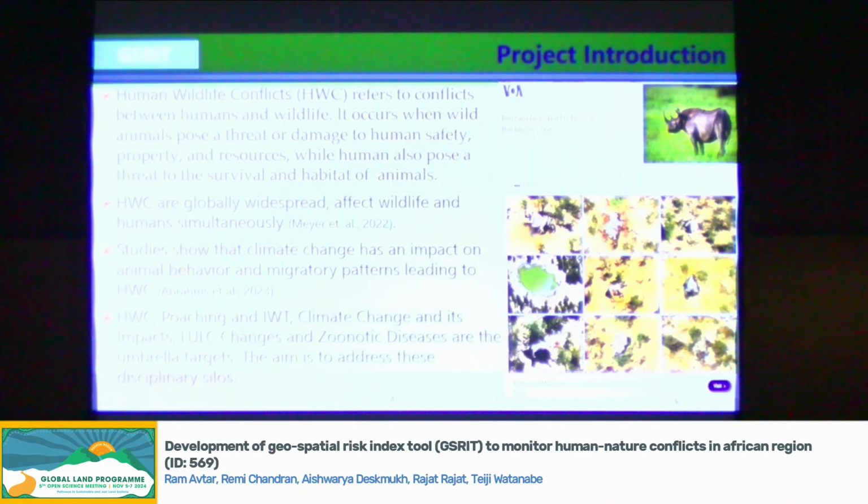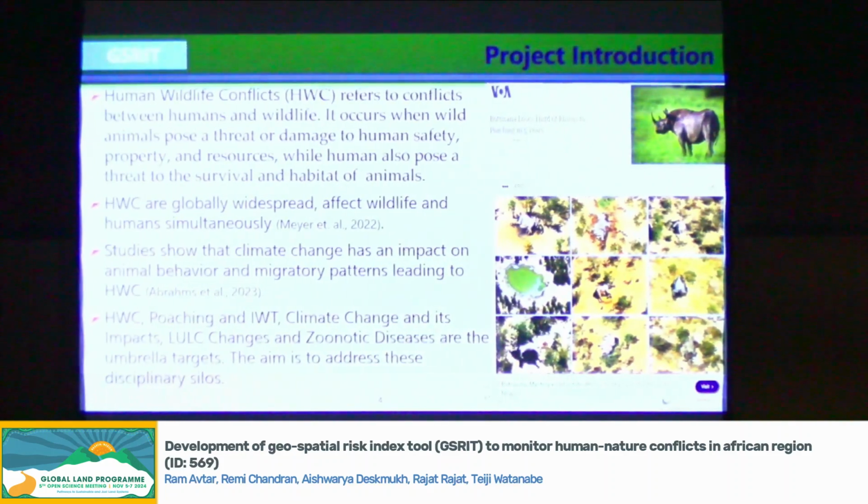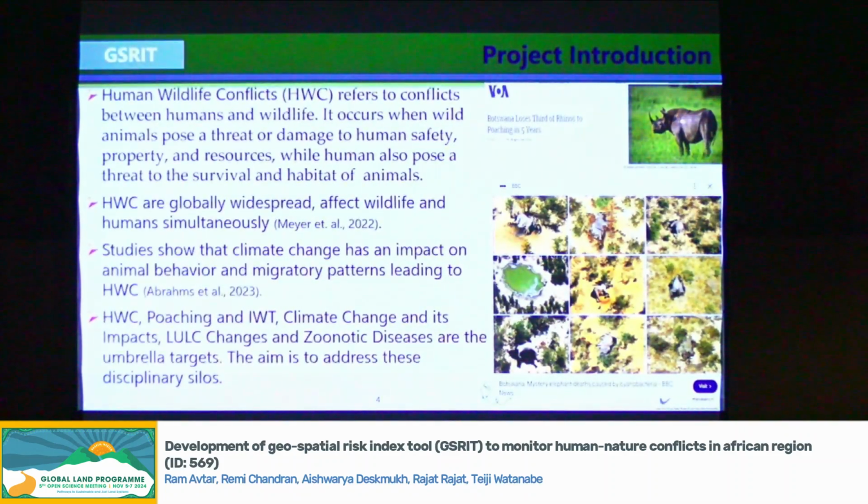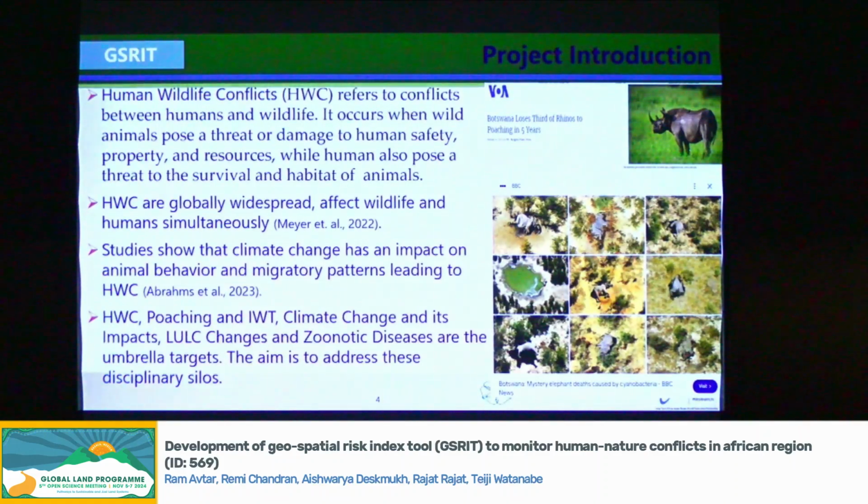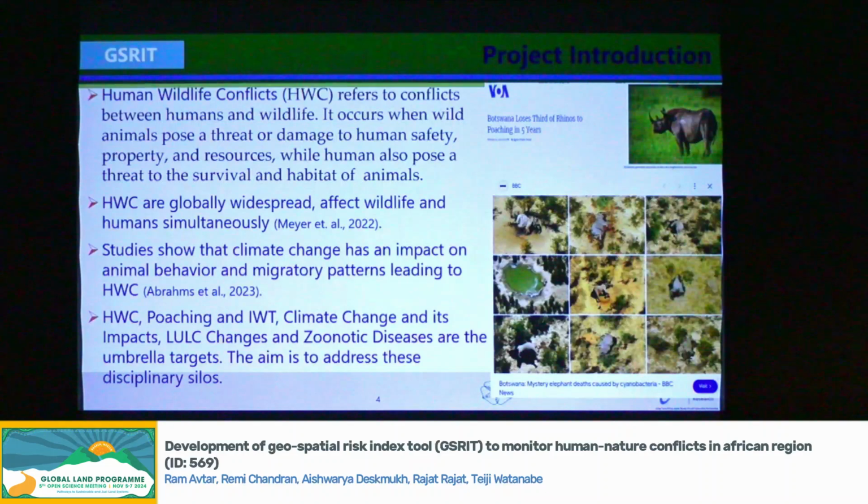There are multiple causes of this. Human-wildlife conflict happens because of habitat destruction, limited resource availability, and sometimes climate change, which changes the migratory pattern of animals.